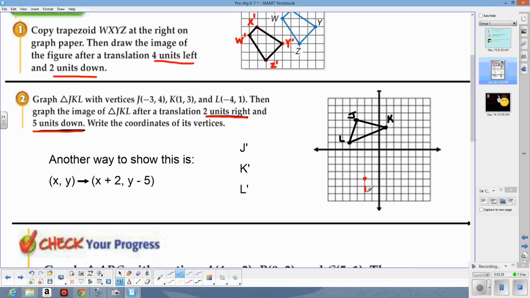And then you label that L prime. Do the same thing with J and K. 2 units right and 5 units down. Label it J prime. Do the same thing with K. 2 units to the right and 5 down. Label it K prime.